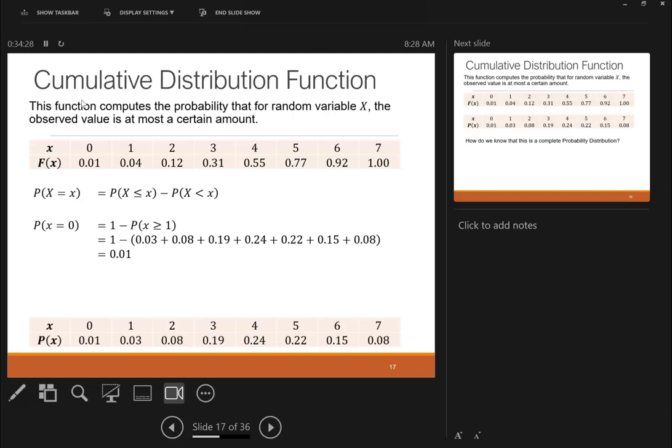These three added together give me that. These four added together give me that, right? I can go back and forth from CDF to probability distribution. If I have one, I can generate the other, at least in a discrete setting, relatively easily. In a continuous setting, not so much. Does everybody feel okay with the relationship between a probability distribution and a CDF?